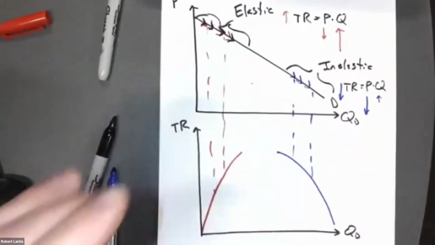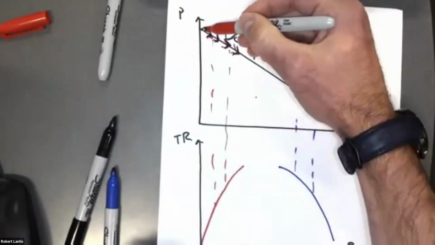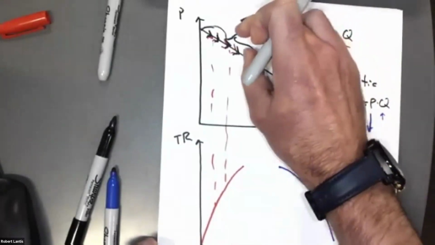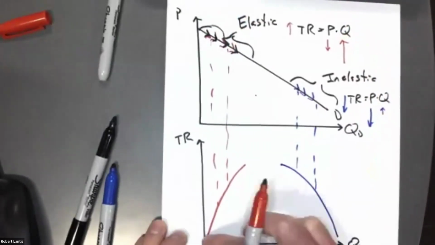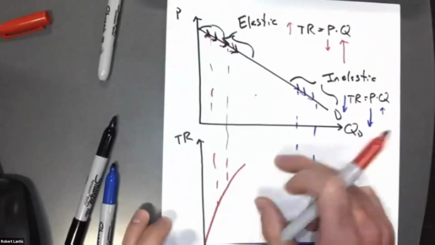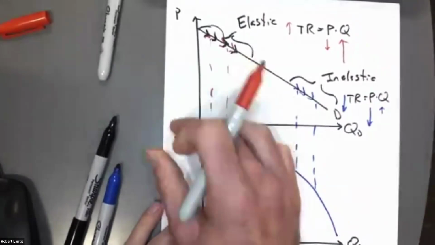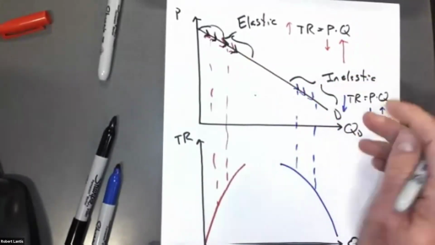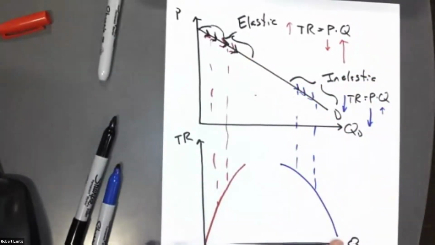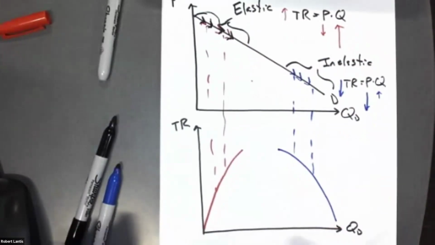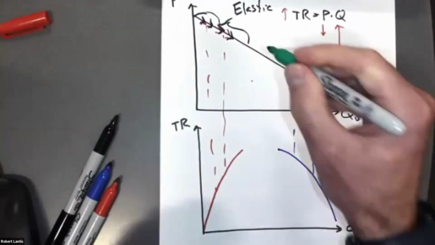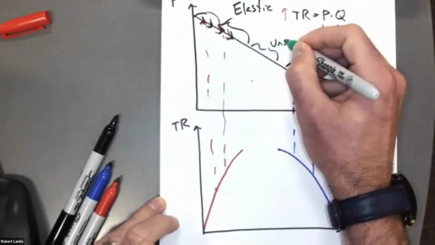total revenue points. Okay, so initially, lowering the price when demand is elastic, which we know the top part of the demand curve will be elastic, we're increasing total revenues. Once we get to the inelastic portion of the demand curve, which is lower on the demand curve at lower prices, if I continue to lower the price and sell more units, I'd actually be decreasing total revenues. And then what about the point in the middle where it's unit elastic?